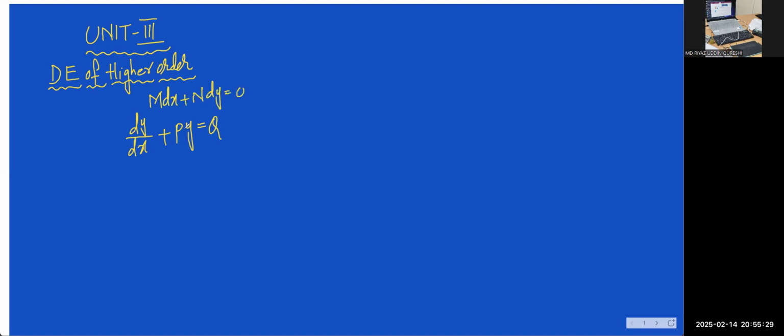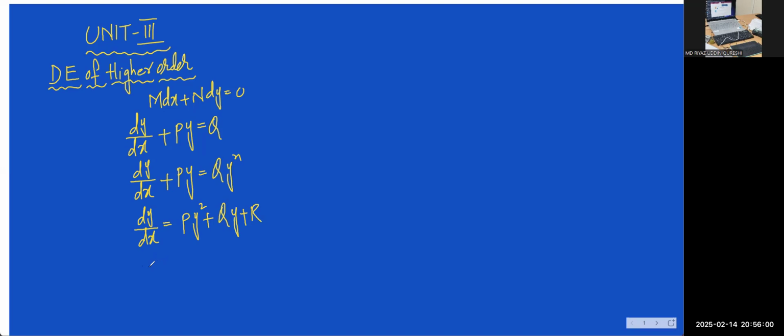We have already done dy by dx plus p of y is equal to q into y to the power n, which is called Bernoulli equation. We have already done dy by dx is equal to py square plus qy plus r, which is called Riccati's equation. We have already done Clairaut's equation.